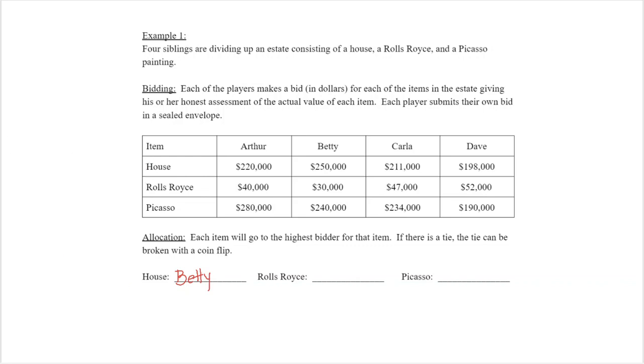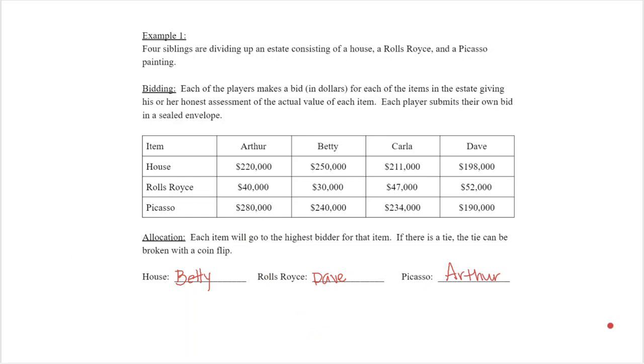What about the Rolls-Royce? Who thought the car was worth the most? Well, that would be Dave. So Dave is going to get the car. And then the Picasso. Arthur thought the Picasso was worth the most, so that's what he gets. Okay, so that is our allocation.